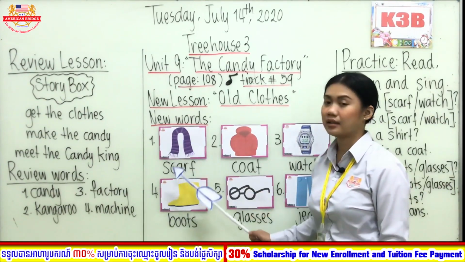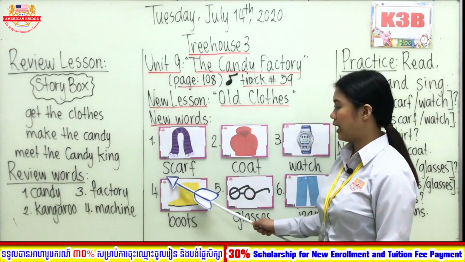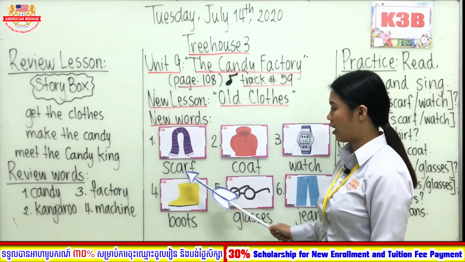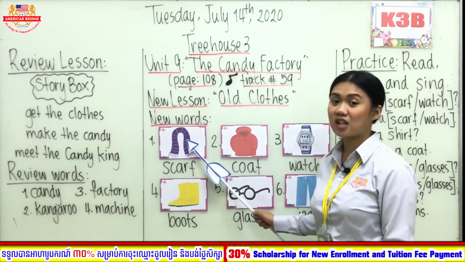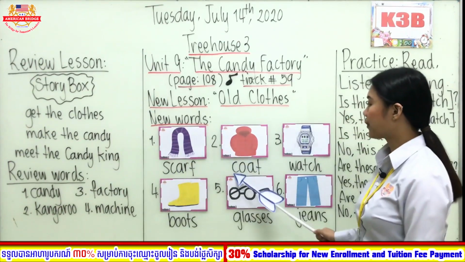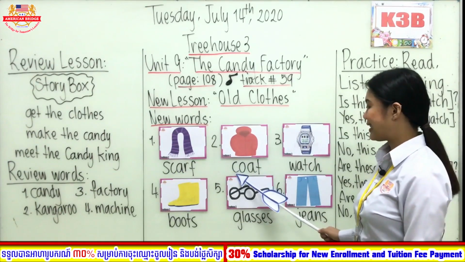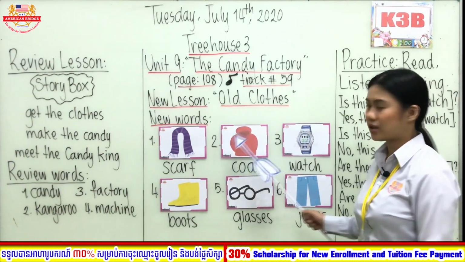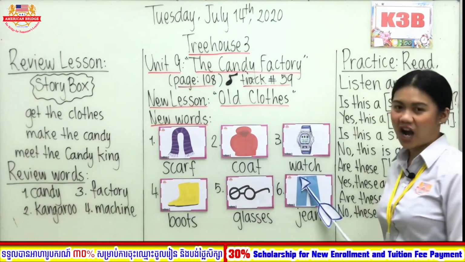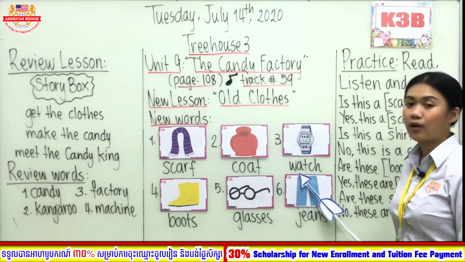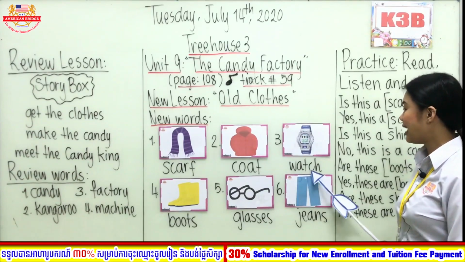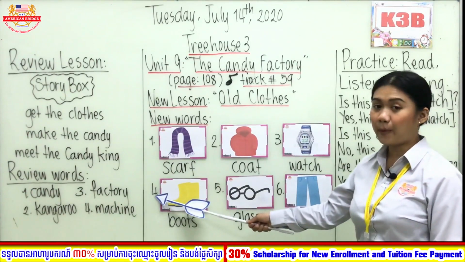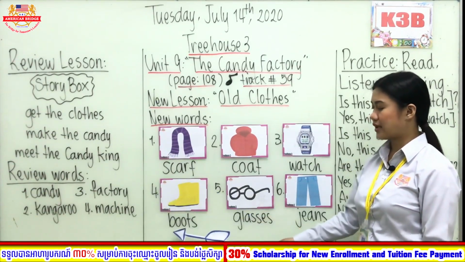Number 1, scarf. S-C-A-R-F. Scarf. Number 2, coat. C-O-A-T. Coat. Number 3, watch. W-A-T-C-H. Watch. Number 4, boots.